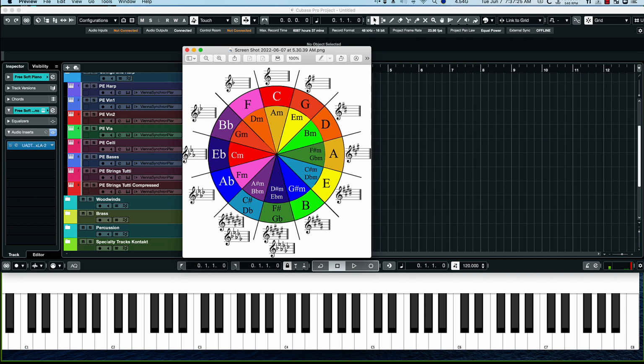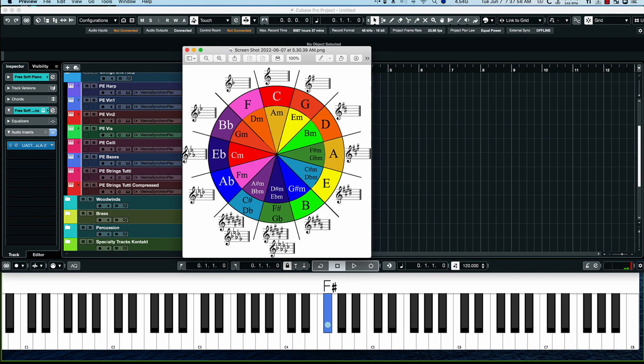Now, the way we talk about the black keys, for example, if I have a G and I go down a semitone, that's called G flat. But at the same time, if I started at F and went up a semitone, that would be F sharp. So this key actually has 2 names, F sharp, or going down from G, G flat.